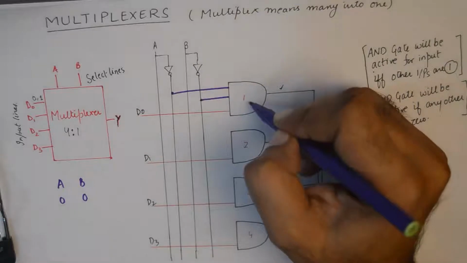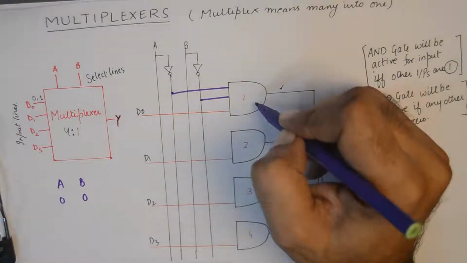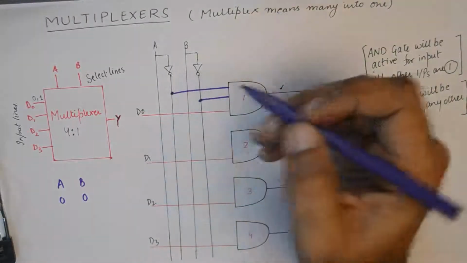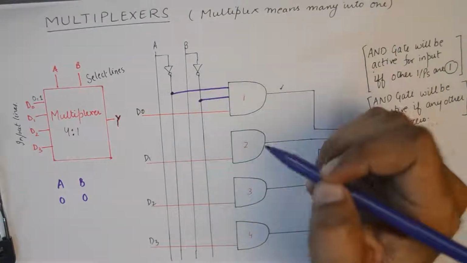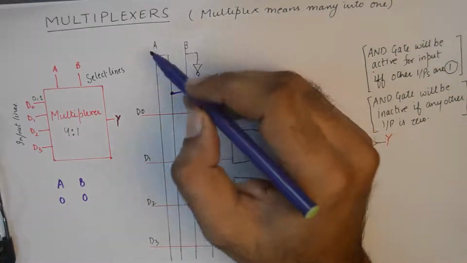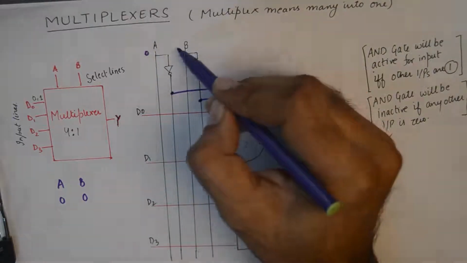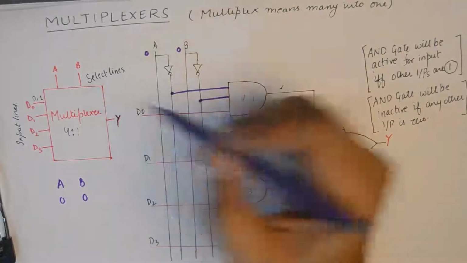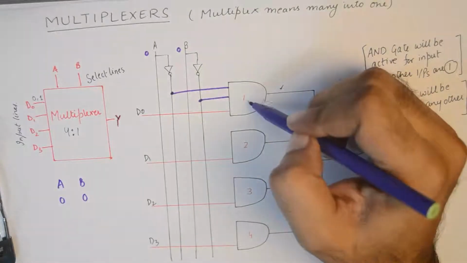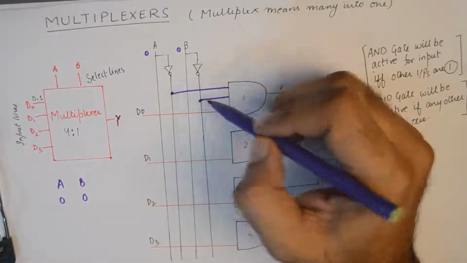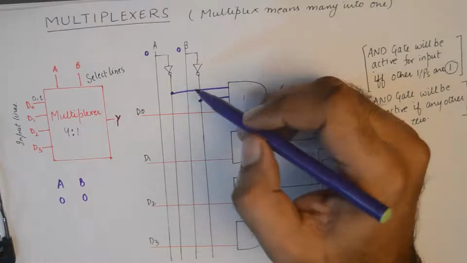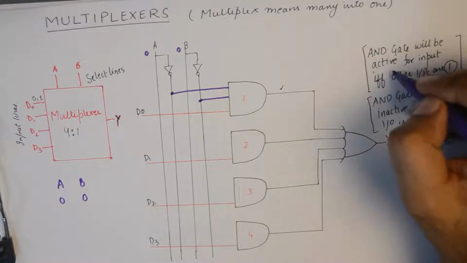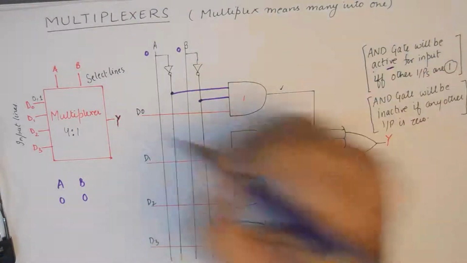So what's going into gate number 1 is a 1 and a 1, via the NOT gates, of course. So if you can appreciate the fact that when 0, 0 is applied to this multiplexer from the select lines, only gate number 1 has that combination which will enable this gate in the active state for the input.